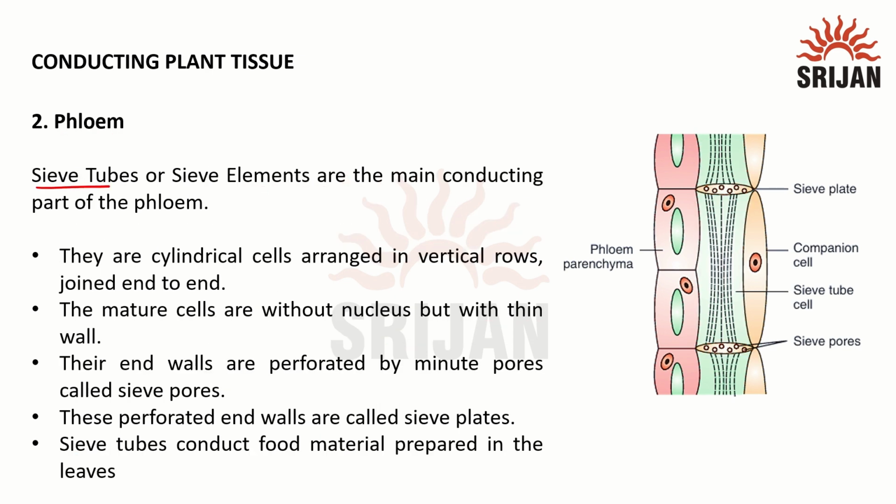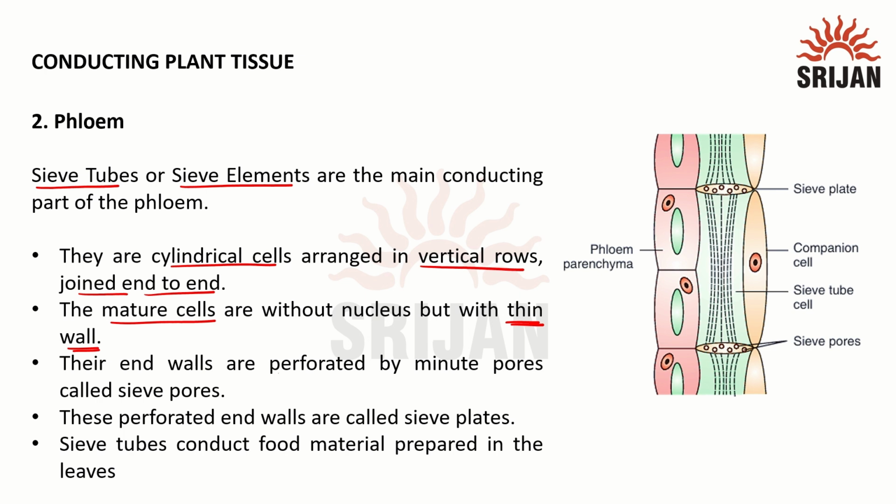Now if we take the sieve tubes or sieve elements, this is the main conducting tissue in the phloem. They are cylindrical cells arranged in vertical rows joined end to end. The young ones will have nucleus, but they lose the nucleus once they become mature or differentiated, and they have thin walls unlike the xylem elements.